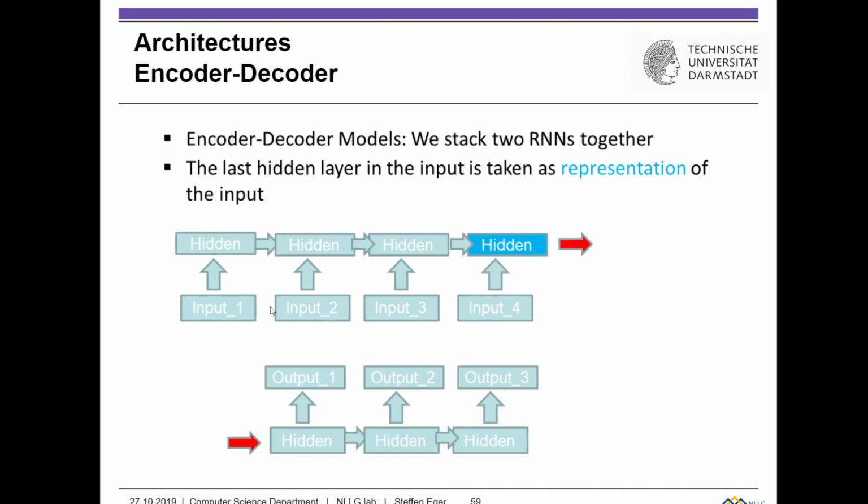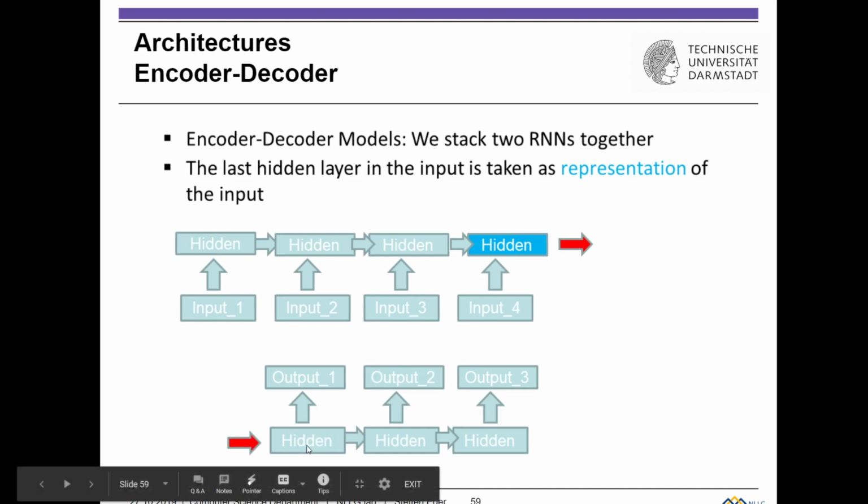So it takes the input, and then it represents all of what it has seen in this final hidden state, and then it feeds this final hidden state into the initial hidden state of the second RNN, and this second RNN starts to generate output tokens based on this hidden representation.